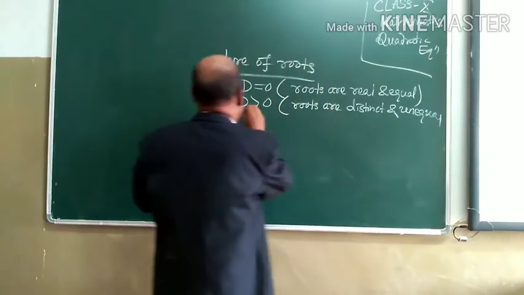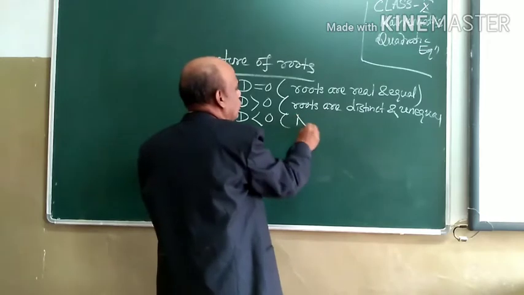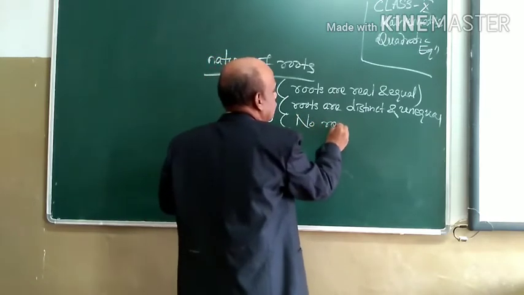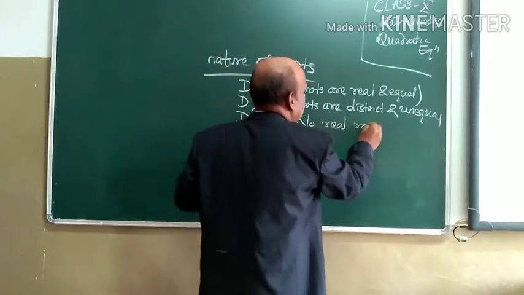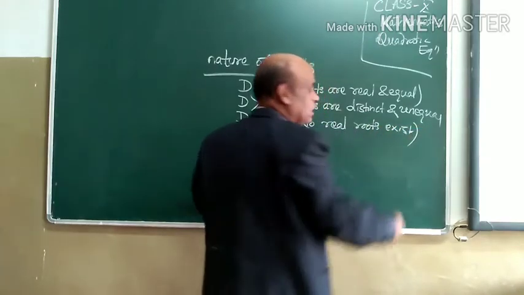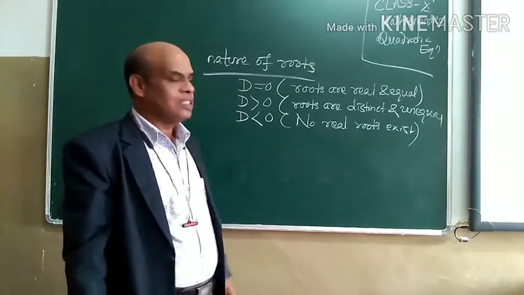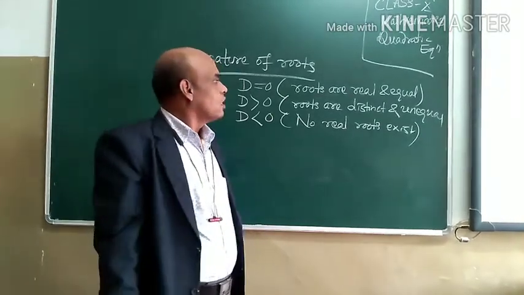And if the discriminant is less than 0, no real roots exist. So these things we have already studied yesterday.